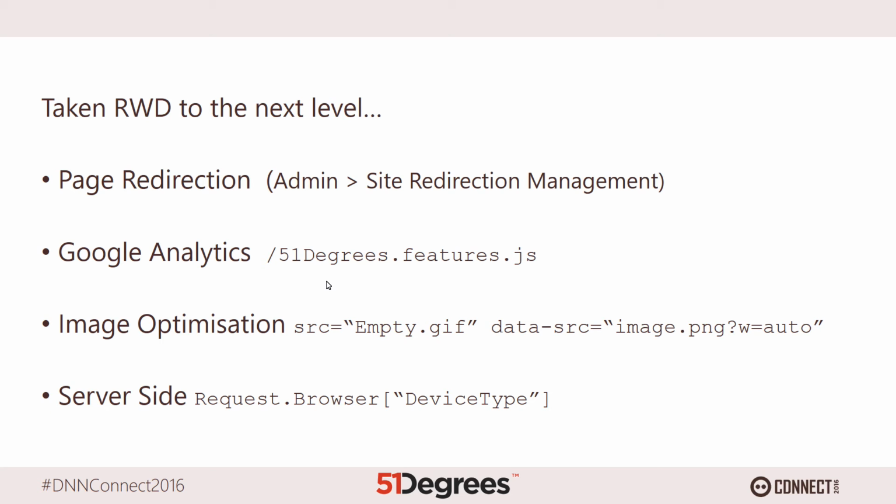We looked at Google Analytics and how the 51degrees.featured.js JavaScript and the JSON object that's created there can be used to add custom dimensions into Google Analytics. And then we looked at image optimization, the way that a single 1x1 pixel GIF is used in order to determine the size of the container effectively that's going to display the image, and how that 51degrees.core.js file then looks for the data source attribute and populates the auto properties to request an image of the right size.